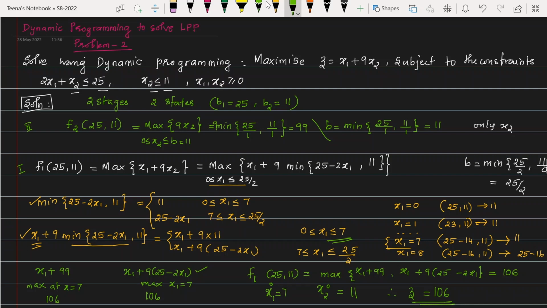So this 25 should be modified so as to include x1 as well. So 25 becomes 25 minus 2x1, comma 11. By using that, and hence finding the minimum of 25 minus 2x1 and 11, we proceed to find the final optimum value. Thank you.